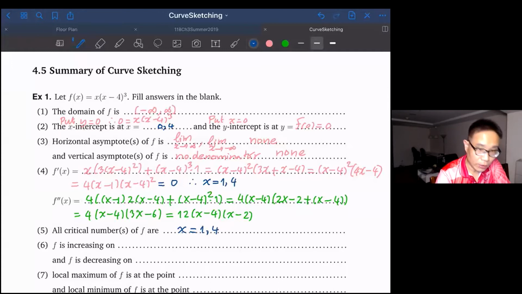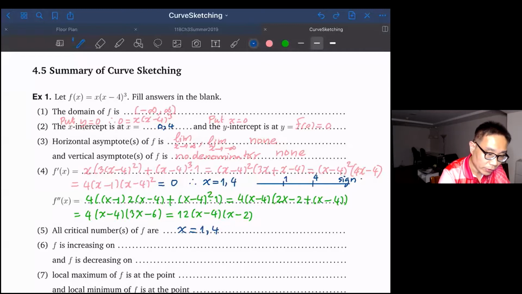And you're going to do increasing and decreasing. For increasing, you draw a sign test for f prime. You have a number line with 1 and 4, and the sign of f prime.